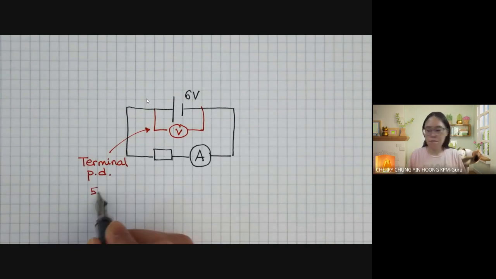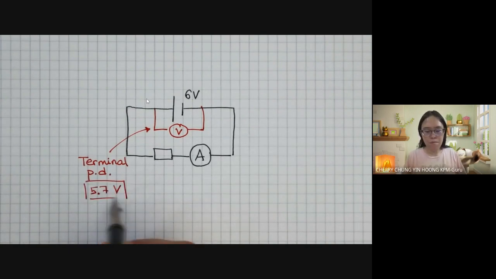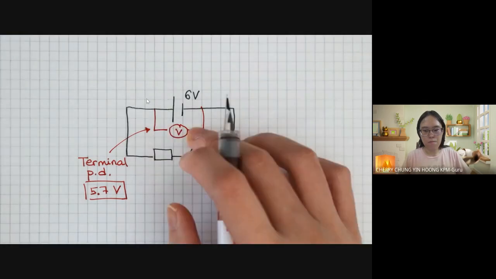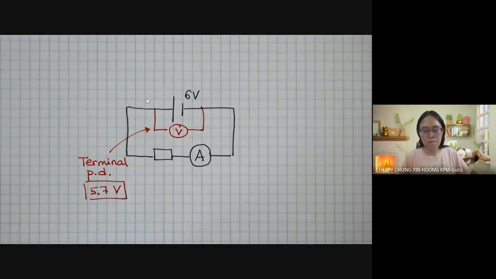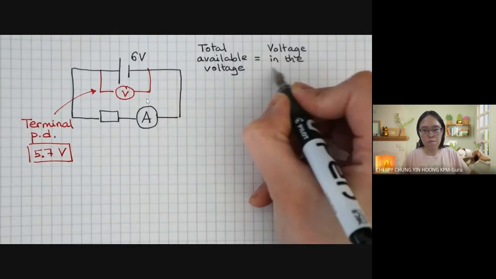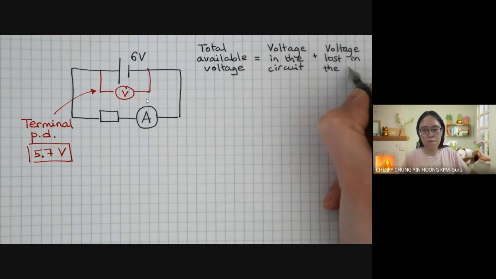What you might find strange is that if you set up the circuit, the voltmeter might read maybe 5.7 volts. Why is the terminal PD lower than the available 6 volts of the cell? That's because some of the 6 volts is lost within the cell. So we can write this. The total available voltage is equal to the voltage in the circuit plus the voltage lost in the cell.